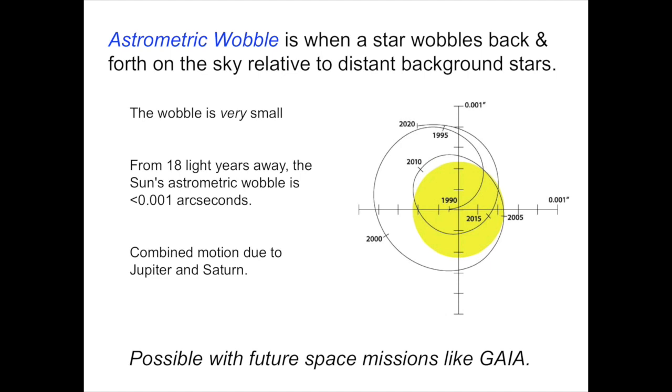This should be more than enough to be able to discover planetary systems by the astrometric wobble effect, but it's going to still be many years before we've accumulated enough data to be able to find such systems. Given the amplitude here, this is 30 years of motion, it can take 5 or 10 years to accumulate enough data on wobbles to be able to detect a system like our own solar system, with giant planets located 5 or 10 astronomical units away from the parent star.